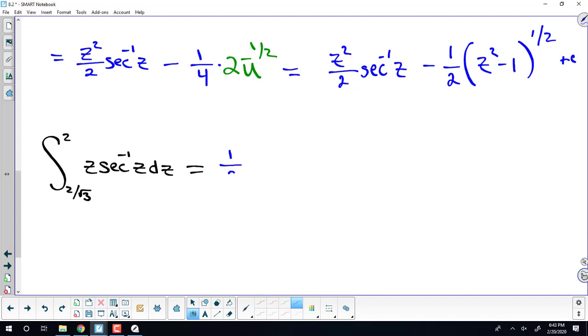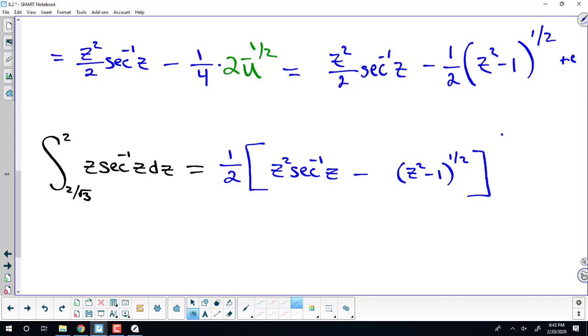All right, so we have the antiderivative. They both have a half, so let's take that out. All right, so evaluate our antiderivative we just found from those bounds.